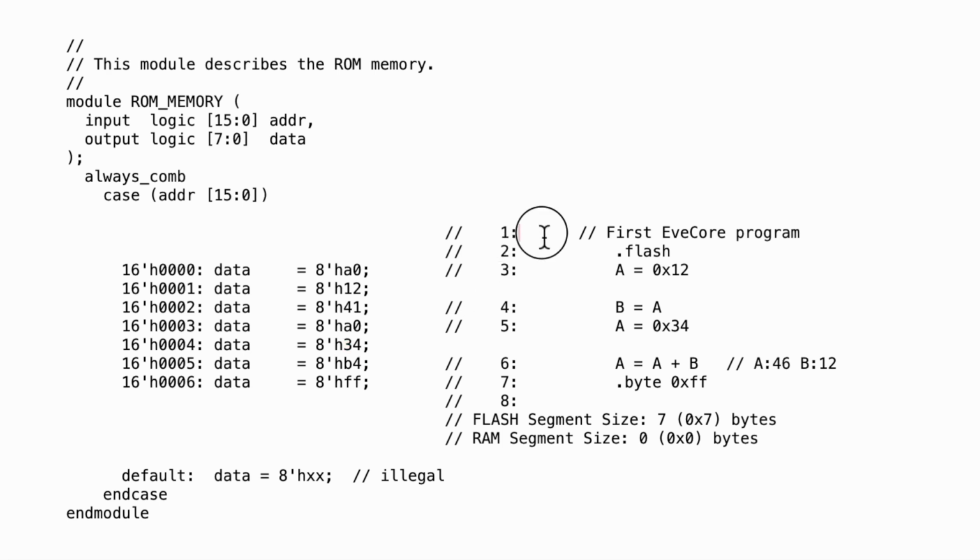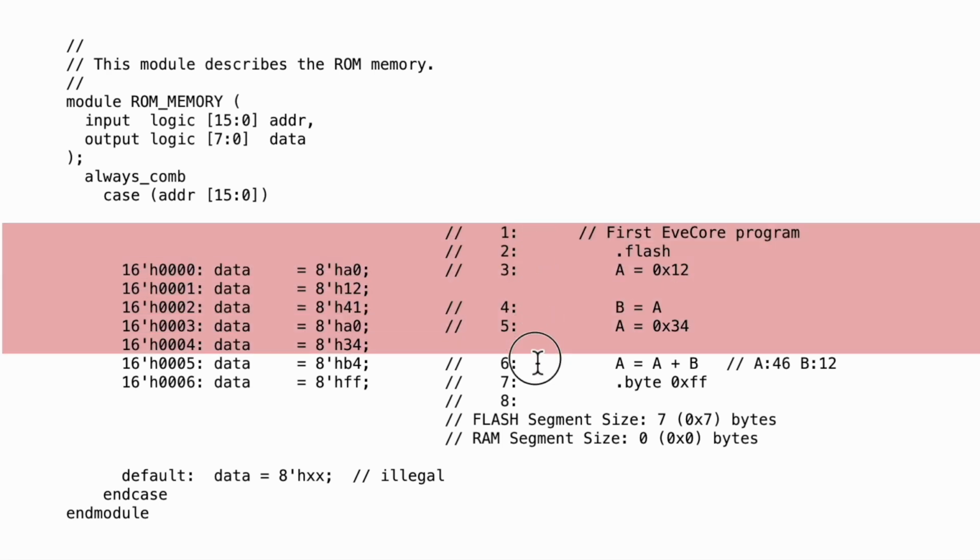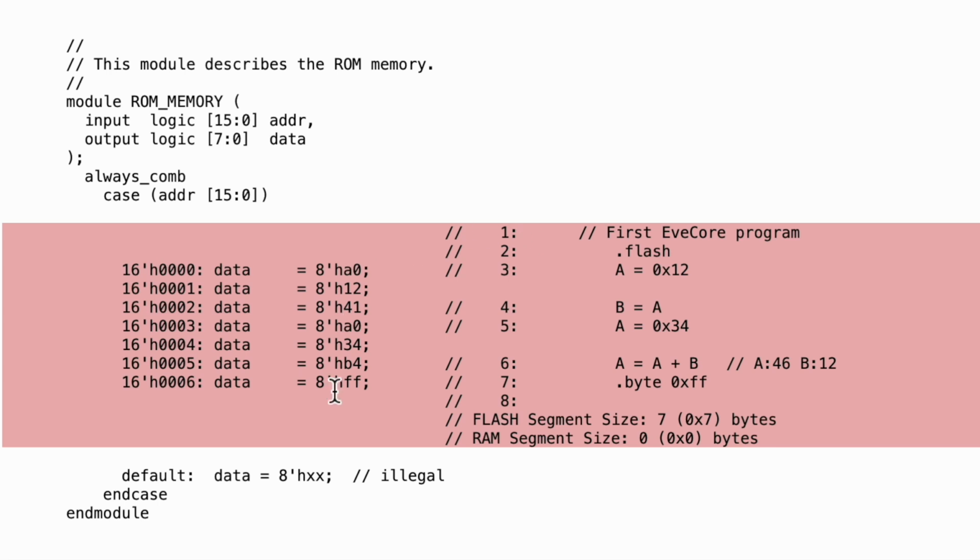And I went to quite a bit of trouble to program the assembler so that it would produce output like this. In fact, this output is copied directly from the assembler's output. You feed in a source program, and the assembler spits out Verilog statements that are shown here. And you just cut and paste straight into the SystemVerilog code, and voila, you've got your combinational ROM memory module.